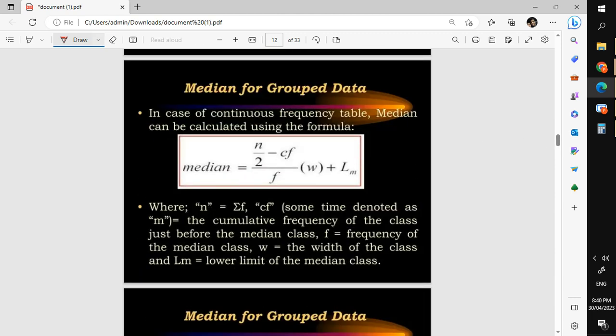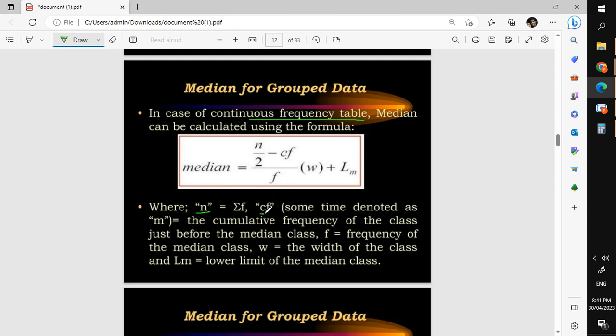Next, what about the median for the grouped data? In the case of a continuous frequency table, the median can be calculated with this formula. The median is equal to n divided by 2 minus CF, all over F, times W, plus L sub m. The n is the summation of F, or the total frequency.